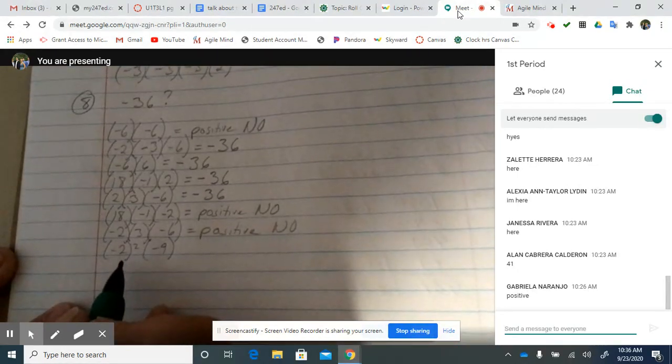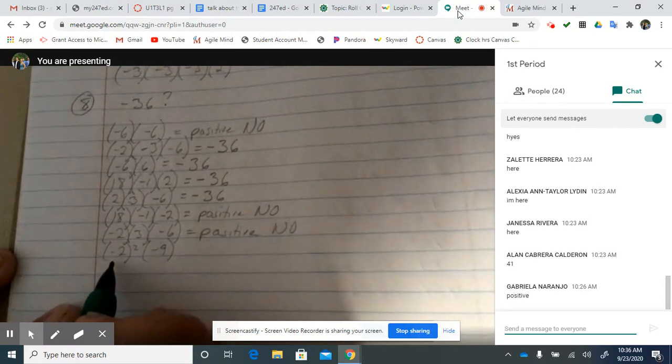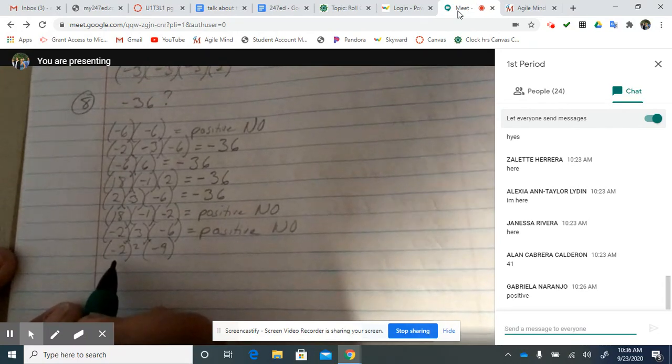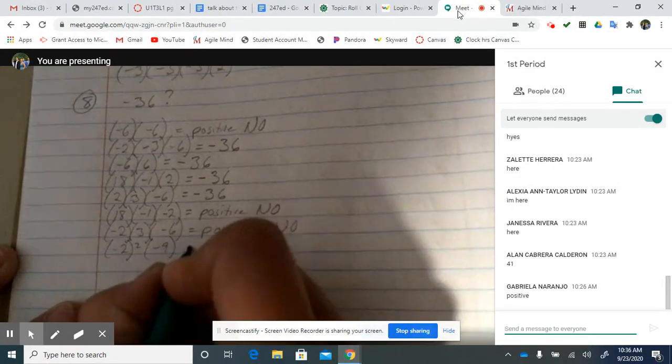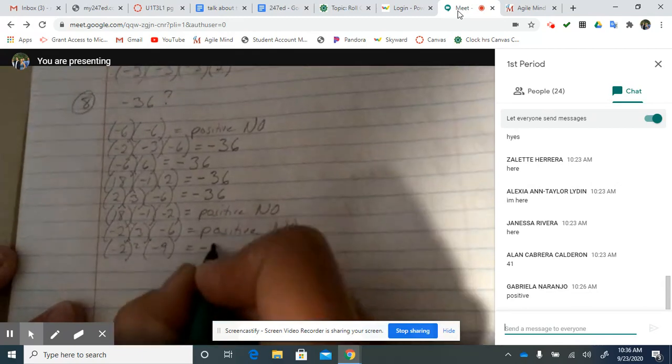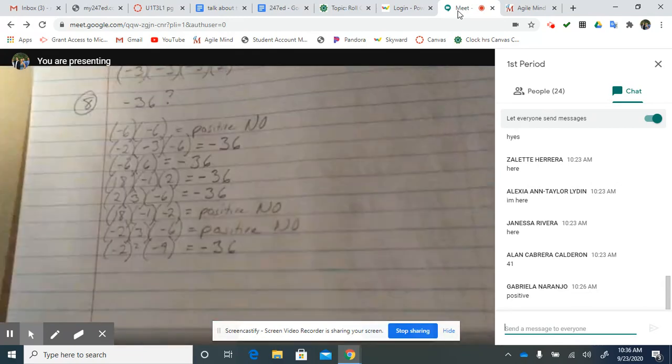Negative 2 squared. So negative 2 squared means negative 2 times negative 2, which will be a positive 4. Positive times negative gives us a negative, and 4 times 9 is 36.